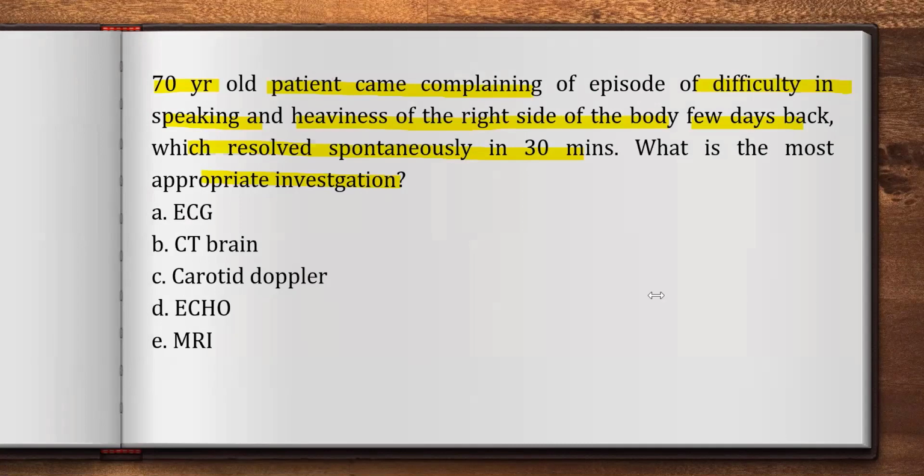Amaurosis fugax is also a TIA, and hemiplegia and aphasia are all subtypes of TIA. TIA can involve any part of your body: your eye, your speech, or just a motor component like hemiplegia. Anything which resolves within 24 hours is TIA.